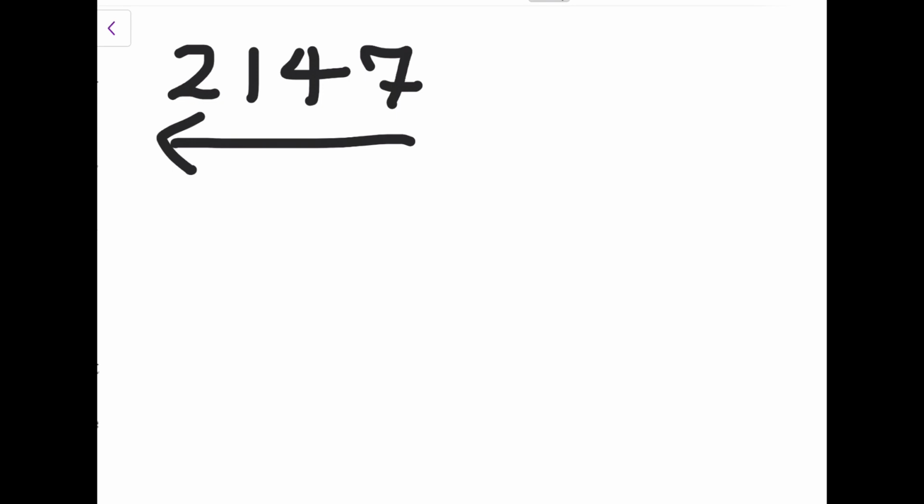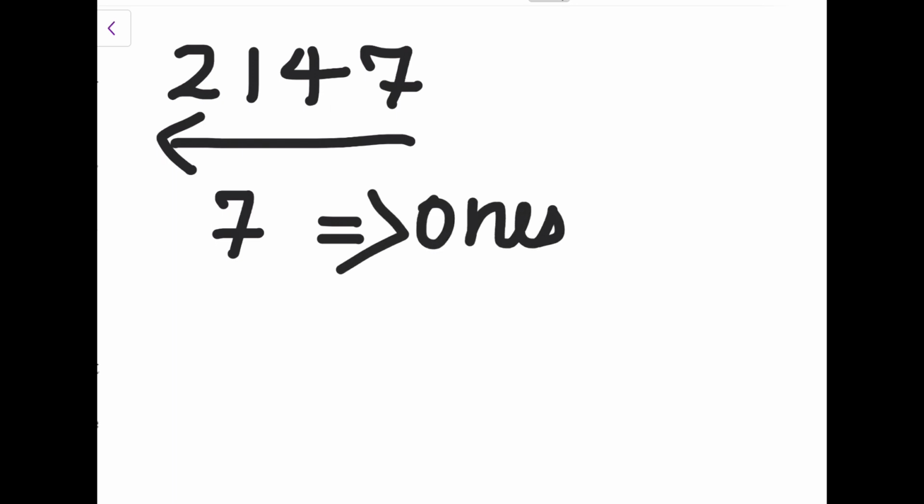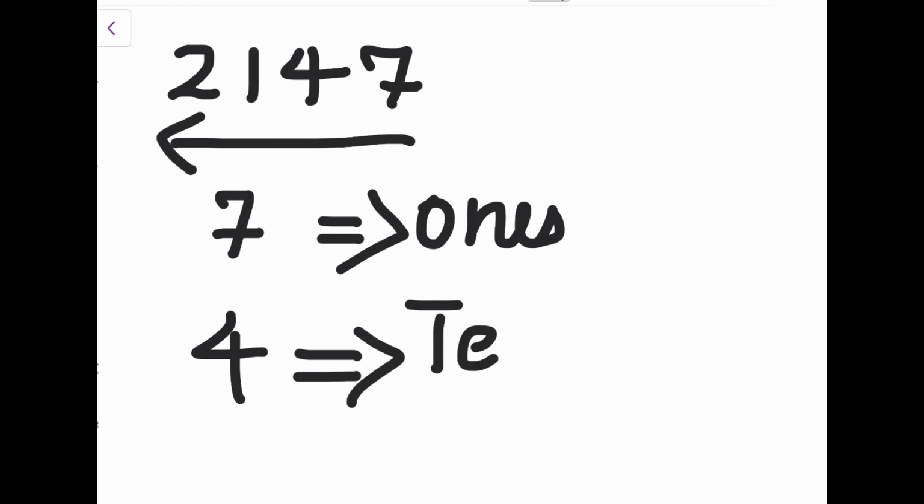So let's write from the right end, and the first digit is 7. 7 is in the place of ones, and 4 is in the place of tens.